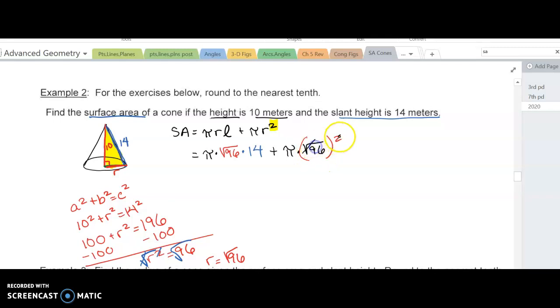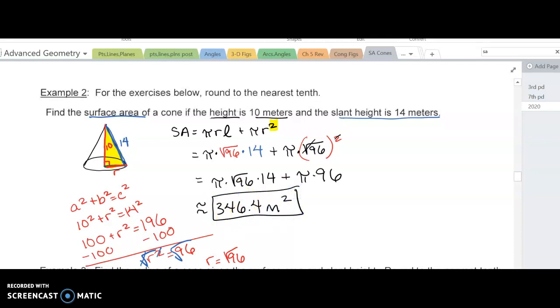They cancel out, don't they? So we have pi times square root 96 times 14 plus pi times 96. We're going to put this all in our calculator, and that comes out to be 346.37. So we'll go ahead and round that up to 346.4 meters squared.